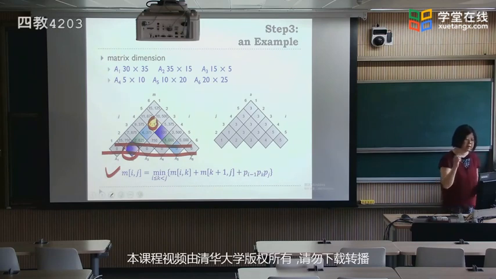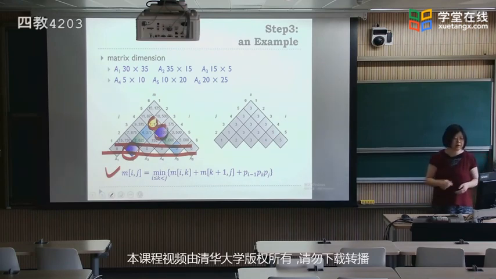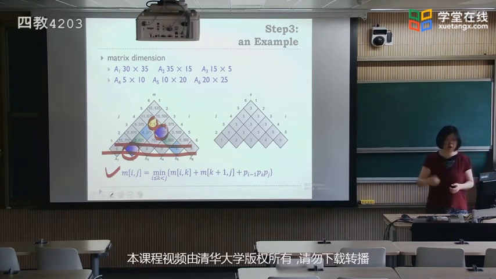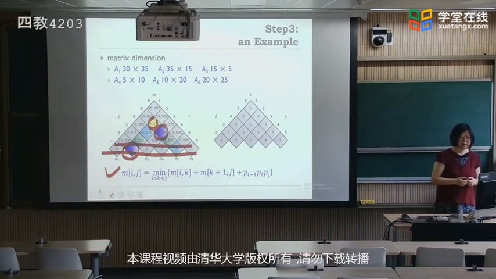The other is A3 to A5, okay, so it's here. So this is entry M[3][5]. You're going to use these two values plus the cost of the final multiplication. That's one option. And then you calculate the other two options in a similar way.